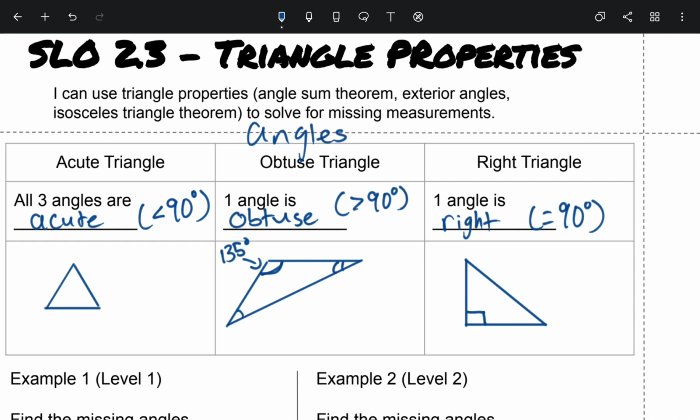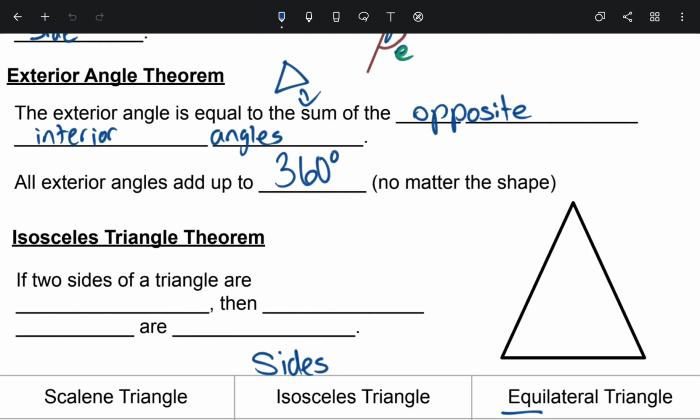So now that we've looked at the different types of triangles, we can go back to the previous page and cover the isosceles triangle theorem.